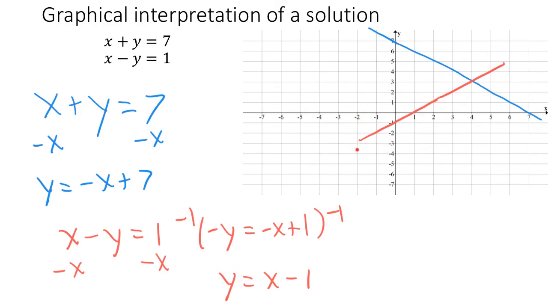So we are also looking for a point on the red line. Well, there's only one point that's on both the blue line and the red line. It's the point of intersection. So the solution must be the point of intersection of the two lines. And the coordinates of that point are (4, 3). And that's going to be the solution to our system.